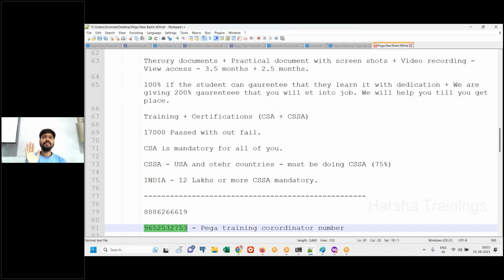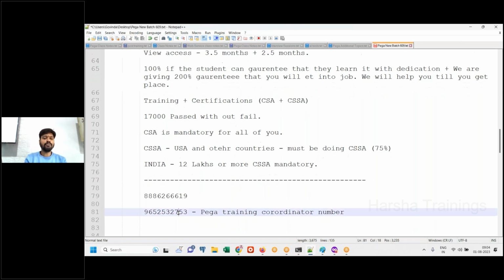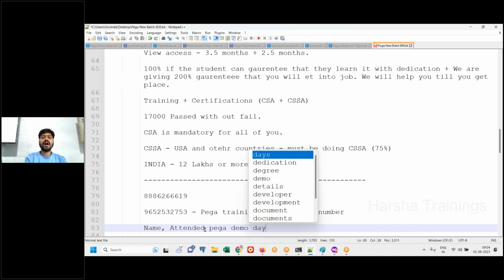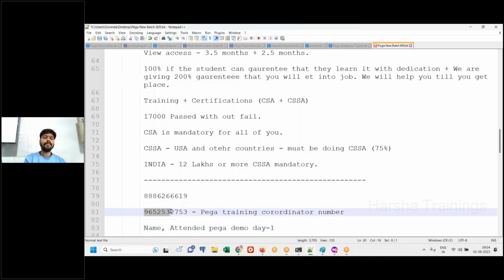Those who came here with forwarded details, please save this number now and WhatsApp on this number immediately. Mention your name and that you attended Pega demo day 1. Only if there has been no WhatsApp message from this number so far do you have to do this, so that you will not miss the updates.